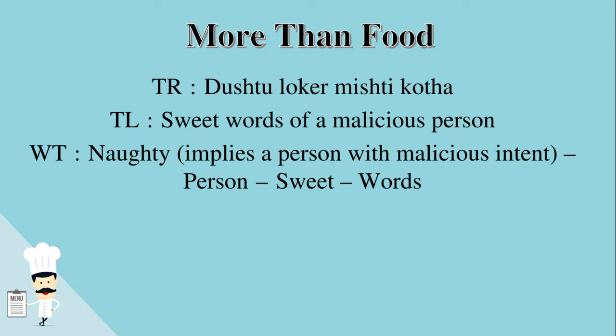You need to be wary of sweet words. If someone is using unnecessarily sweet words with you, you need to be wary of that person. That is the implied meaning of this phrase. So here note that mishti, sweet, is used not for a food item but for kotha, which means words.